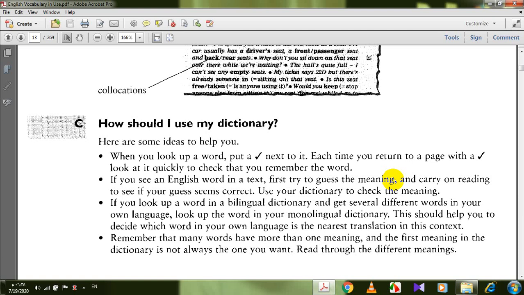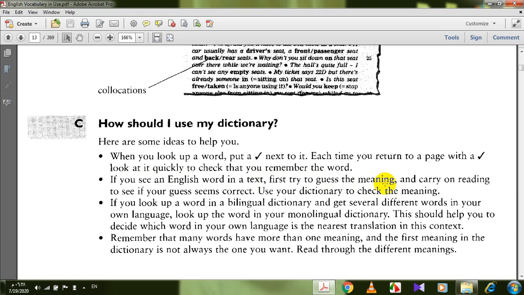Make a guess. We always say make a guess. Try to guess the meaning out of the general context. It's a very good way of learning vocabulary.